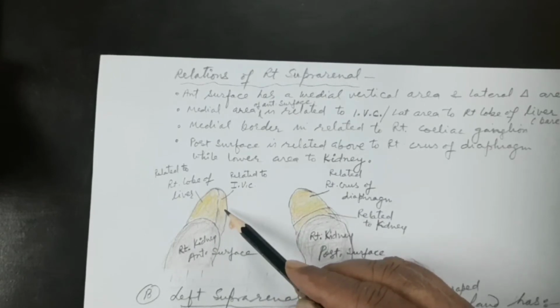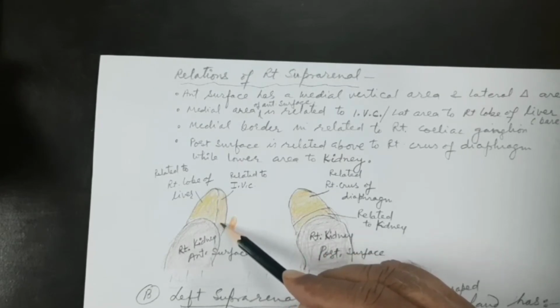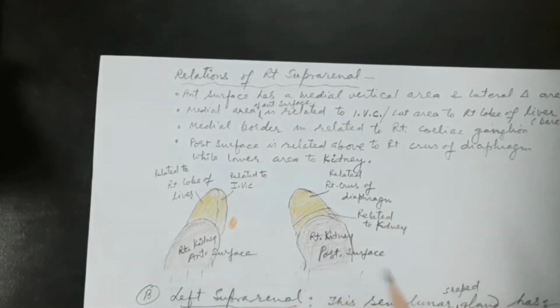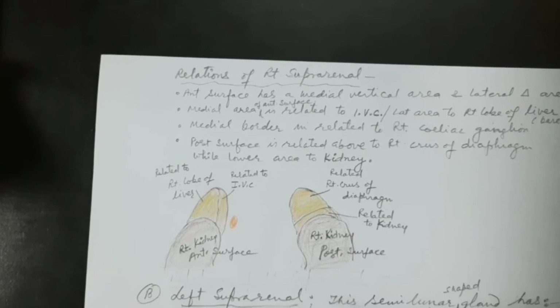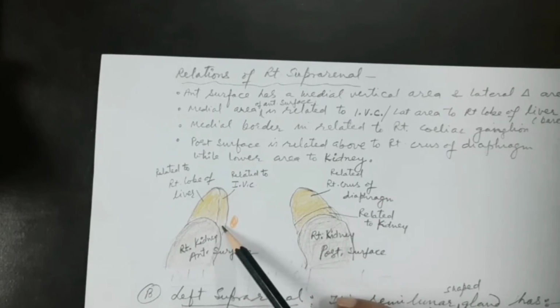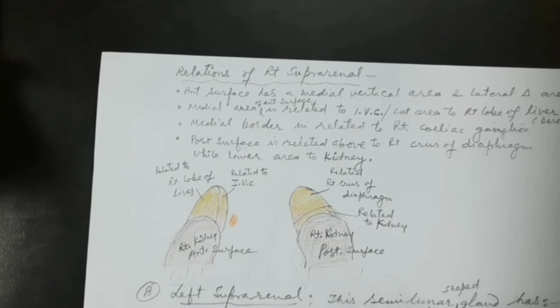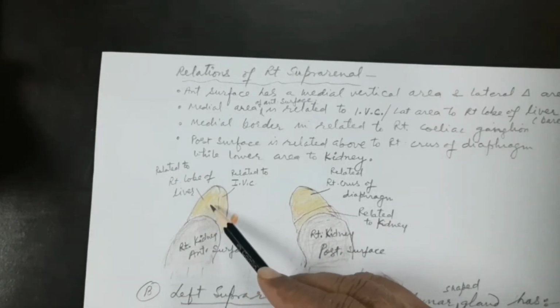On the medial area of this anterior surface, the right suprarenal gland is related to the inferior vena cava. It lies deep to the inferior vena cava. Then the lateral area is related to the right lobe of the liver, near the bare area of the liver.